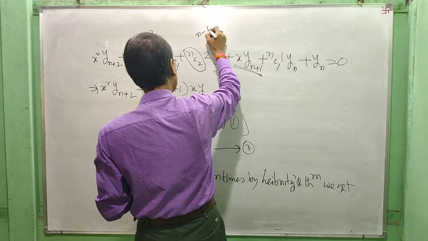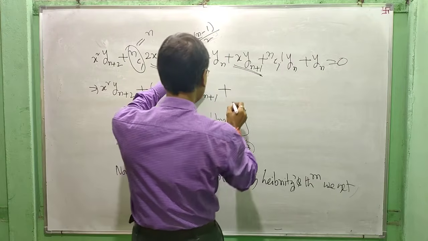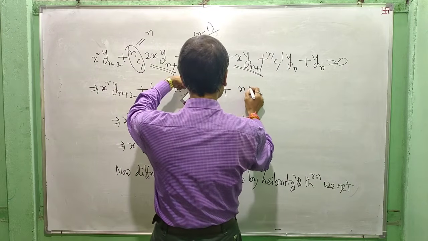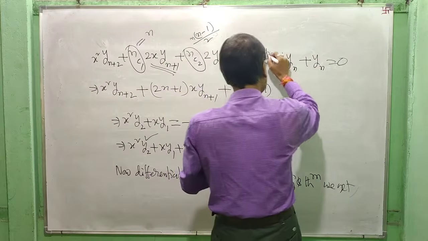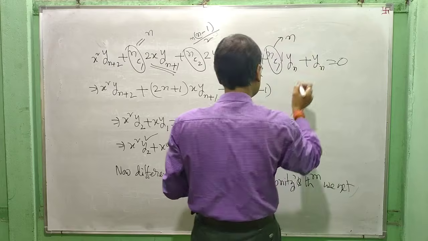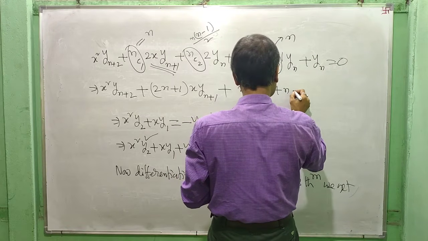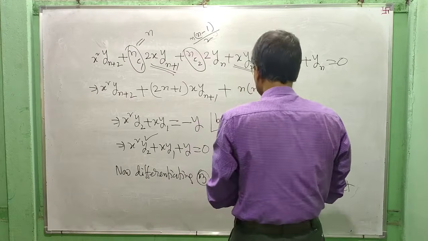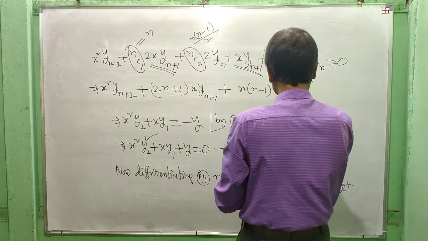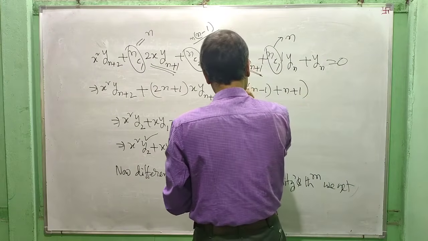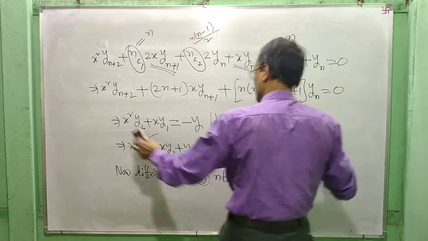This is equal to n into n minus 1 divided by 2. Therefore it will be n into n minus 1 from this, plus, what is this? This is equal to n plus n plus 1 yn. This is equal to 0.